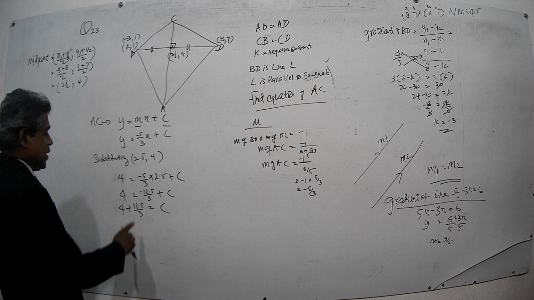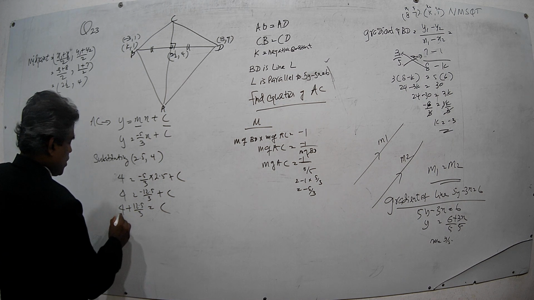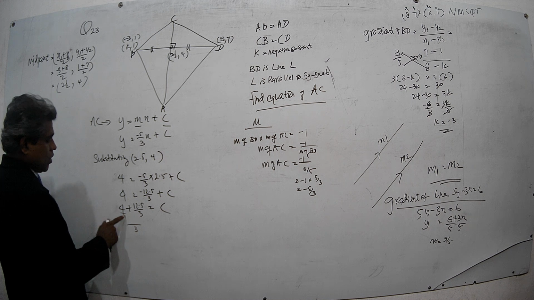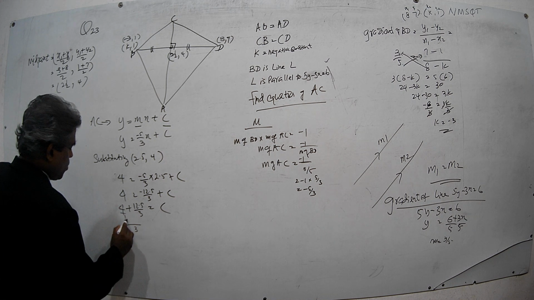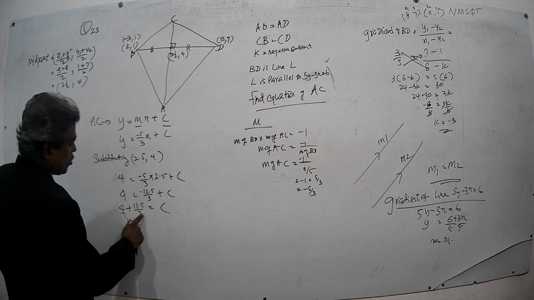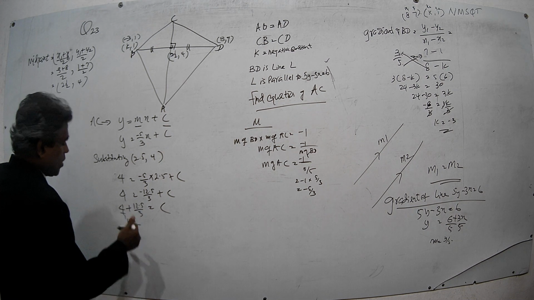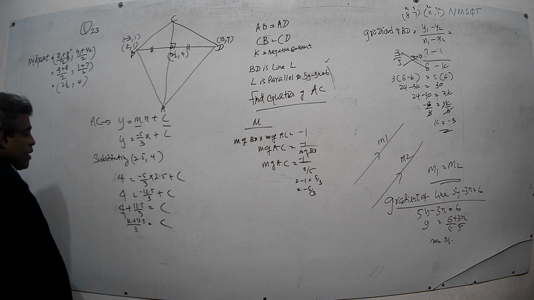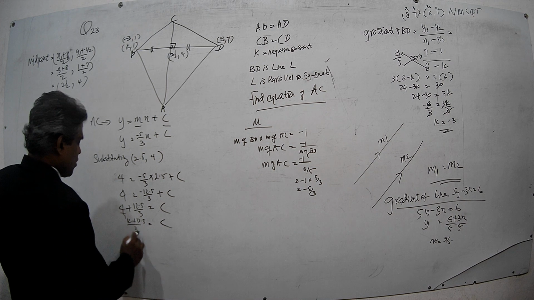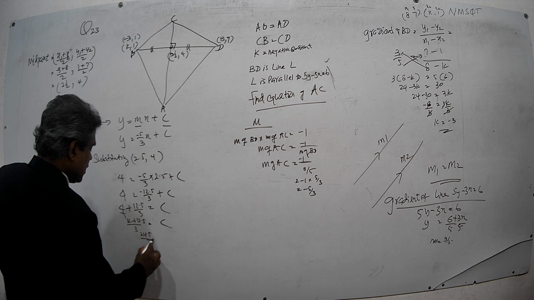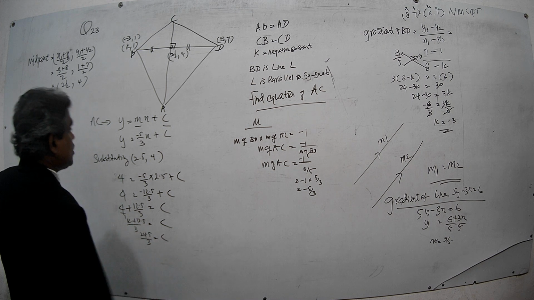Then we take the common denominator, which will be 3. To convert 4 into a common denominator, multiply by 3, which gives 12. So 12 plus 12.5 over 3 equals c, and you get 24.5 over 3 as c.